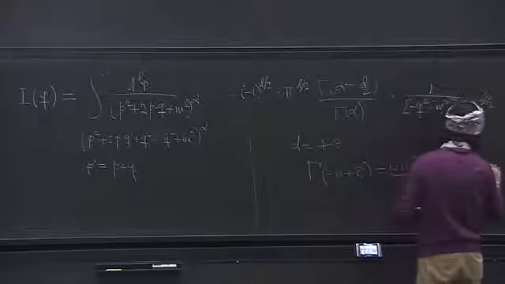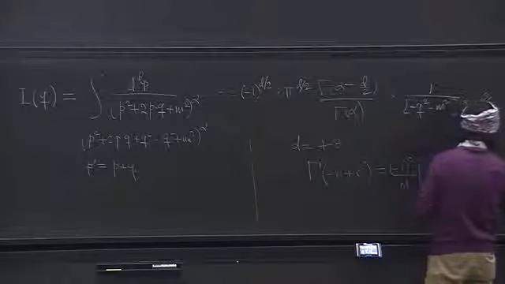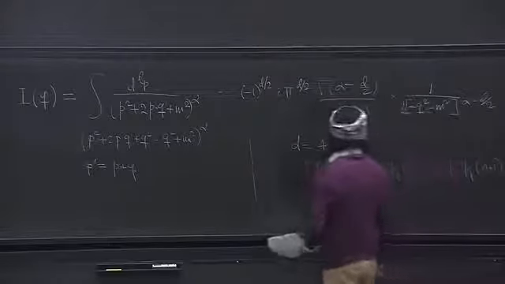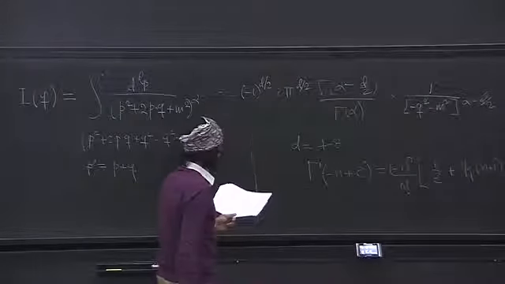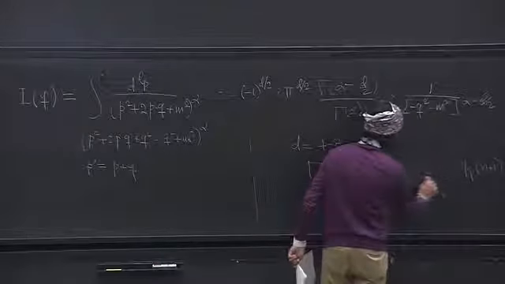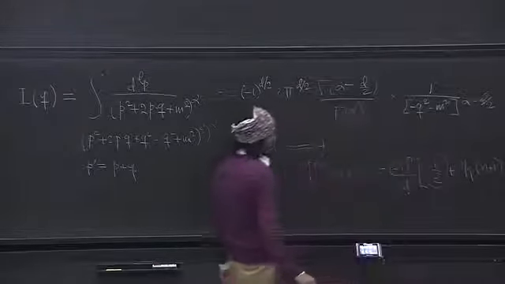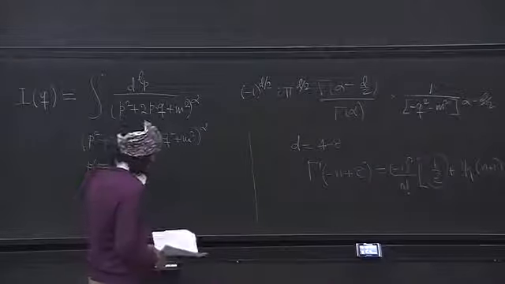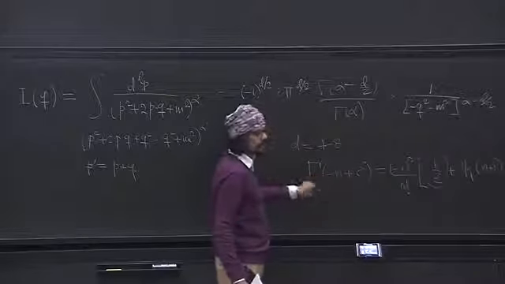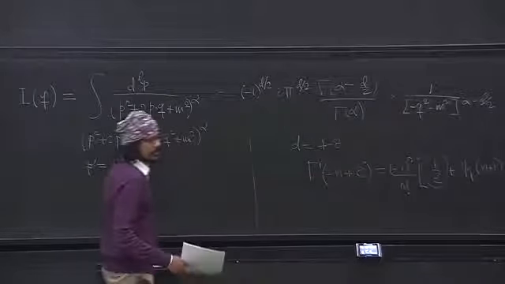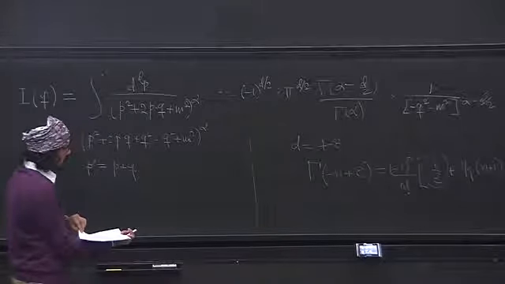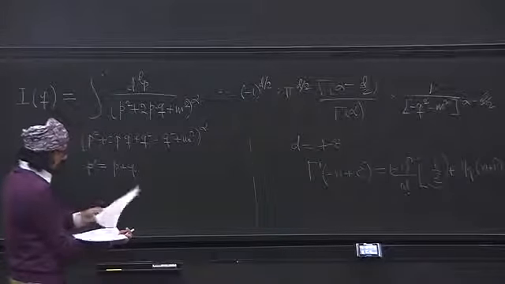Which will involve some constant psi1. And this part is the divergent piece, which is basically a pole in the gamma function, right? So this is how we isolate the divergences in our loop Feynman diagrams.